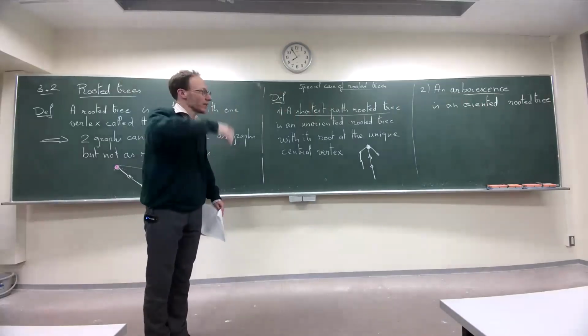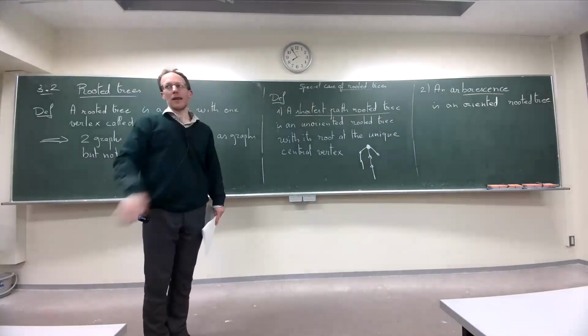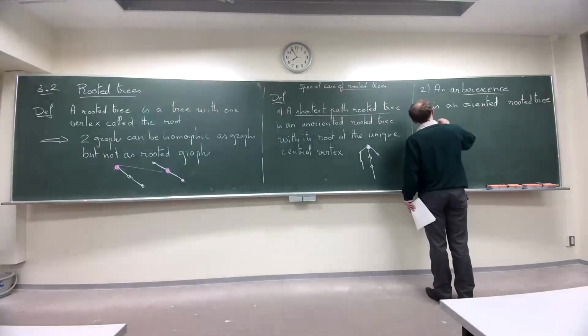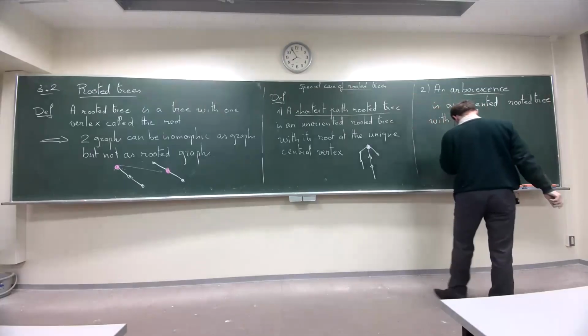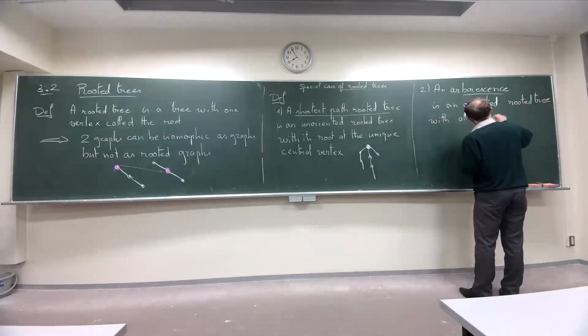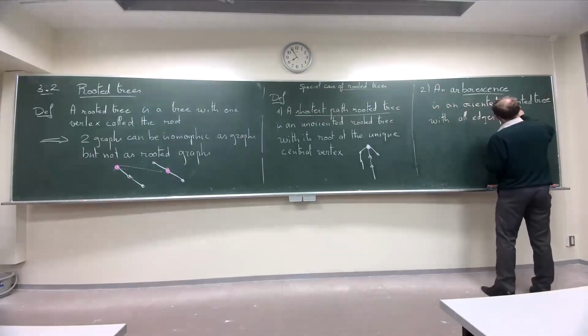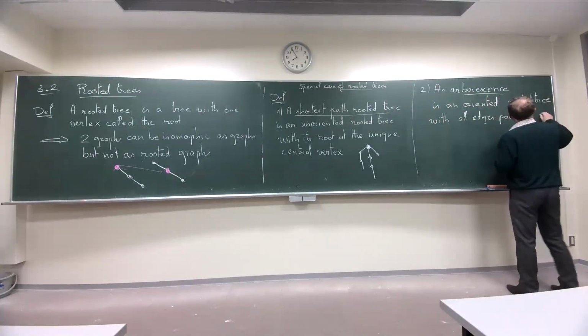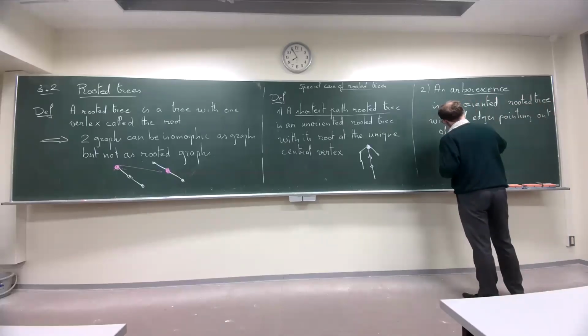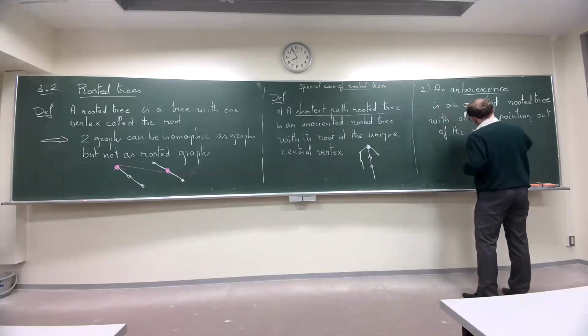Everything, all orientations are going outside of the root. It is an oriented rooted tree with all edges pointing out of the root.